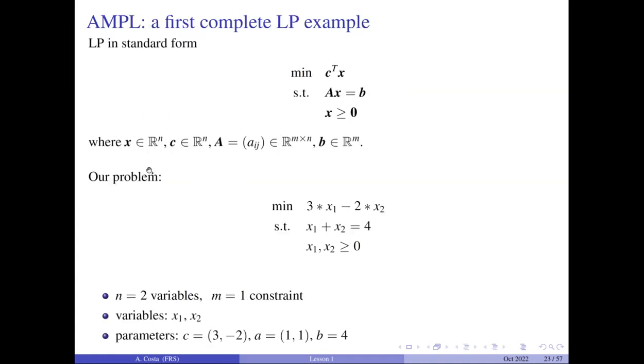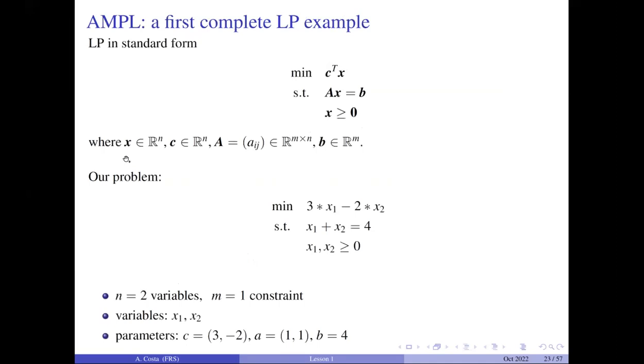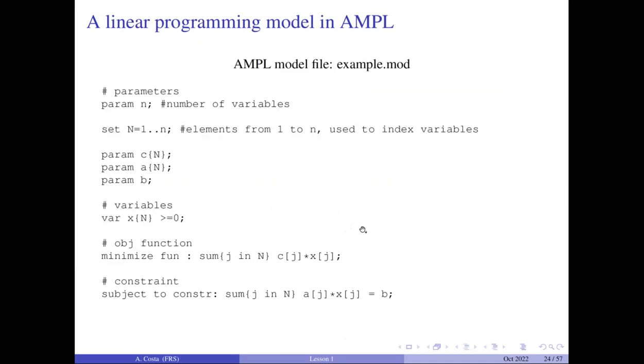And the parameter A, again, is 1, 1. So it's a parameter that includes 2 elements. So this way to write the parameter means that C and A have an index. I have C1 and C2, and I have A1 and A2. But B is a single number, the number 4, so I can just define it as parameter B, and that's all, it's a single number.